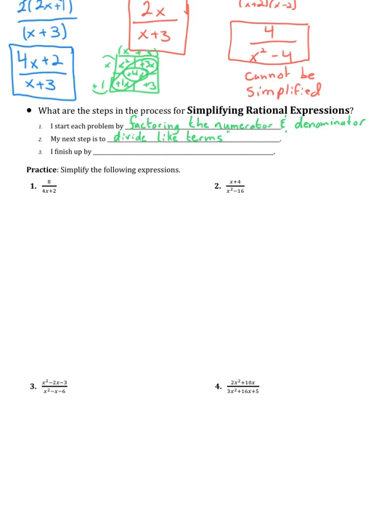But remember, it's got to be entire multiplied like terms. Just because there's an x in the numerator and an x in the denominator, if one of them is an x plus 5 or something, we can't just divide those x's out. And then the last part, I finish up by condensing my answer, or putting it back together. I'll say putting the numerator and denominator back together.